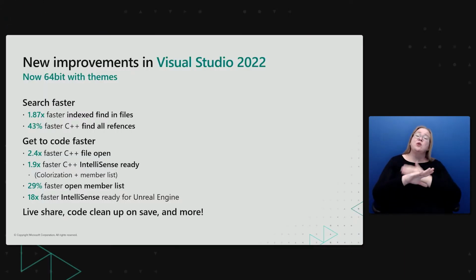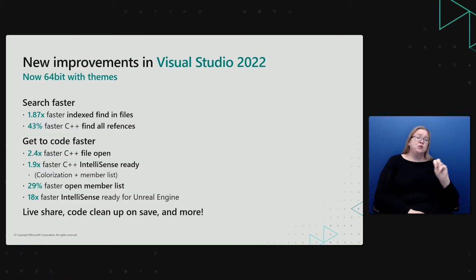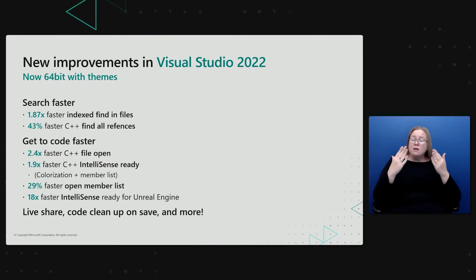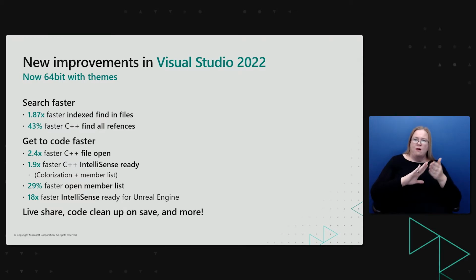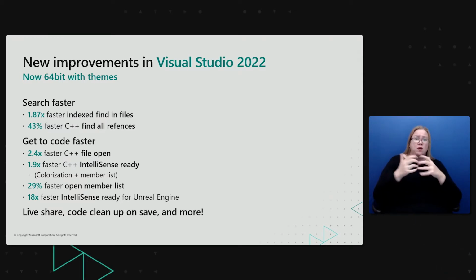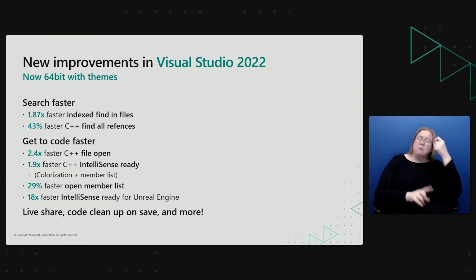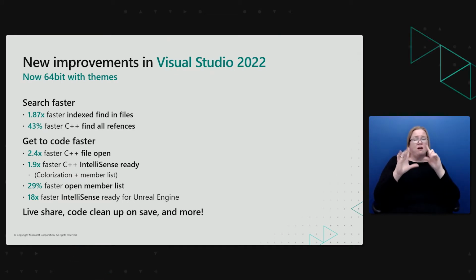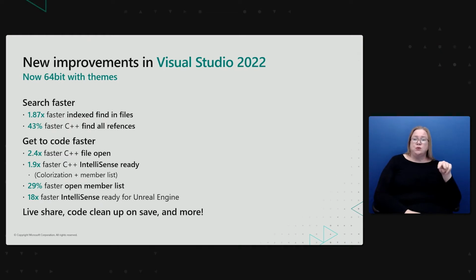The first improvement is something I know many of you were waiting for. Visual Studio 2022 is now 64-bit. In the newest version, you can open, edit, run, and debug your biggest and most complex game solutions without running out of memory. Next, search faster than ever in VS 2022.